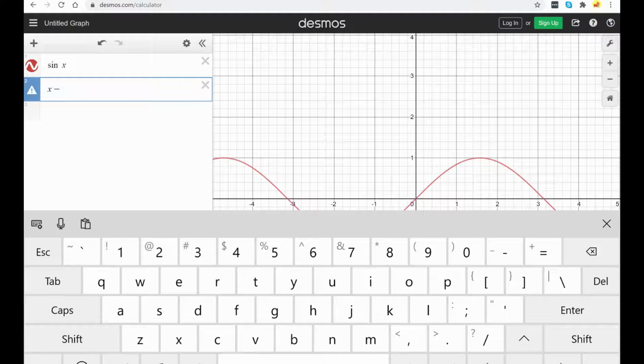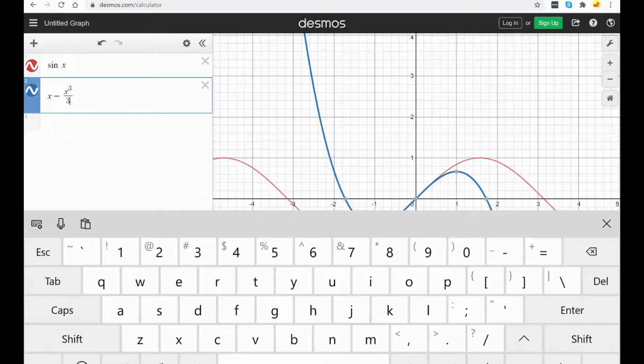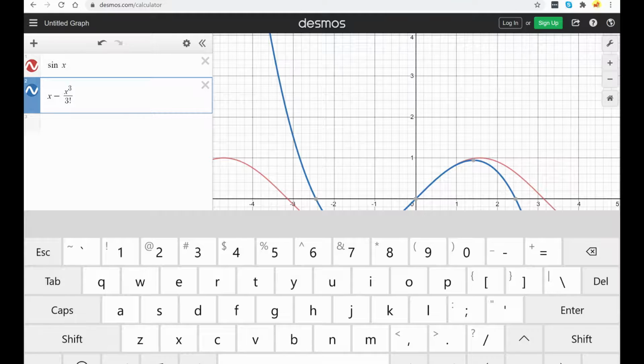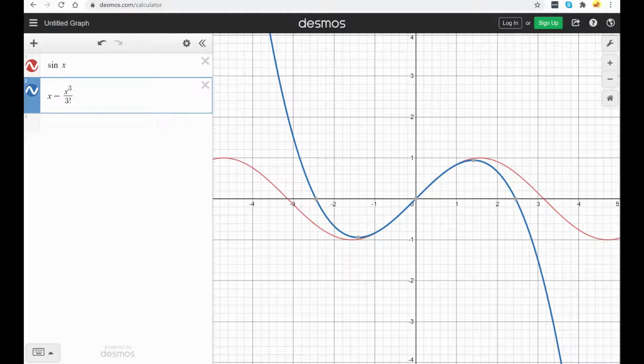We have x, then to the power of 3, divide over 3, and then an exclamation mark. There you go. Now you see that the graph in blue has been updated. It's no longer a straight line. It's more of an x cubed curve.